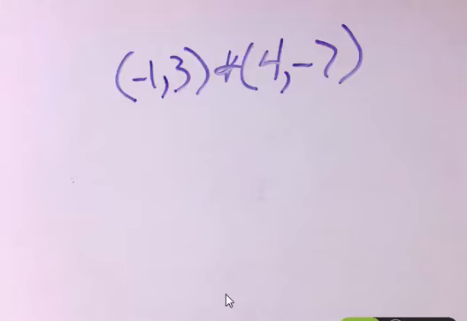Okay, if we're given 2 points and we are asked what is the slope of the line that passes through these 2 points, there's a couple different ways we can do it. The first way I'm going to show you is using the equation.